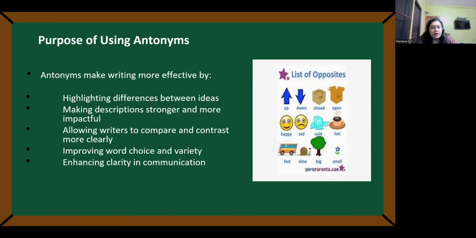Antonyms make writing more effective by highlighting differences between ideas, making descriptions stronger and more impactful, allowing writers to compare and contrast more clearly, improving word choice and variety, enhancing clarity in communication. List of opposites according to the image: up, down, close, open, happy, sad, cold, hot, fast, slow, big, small.